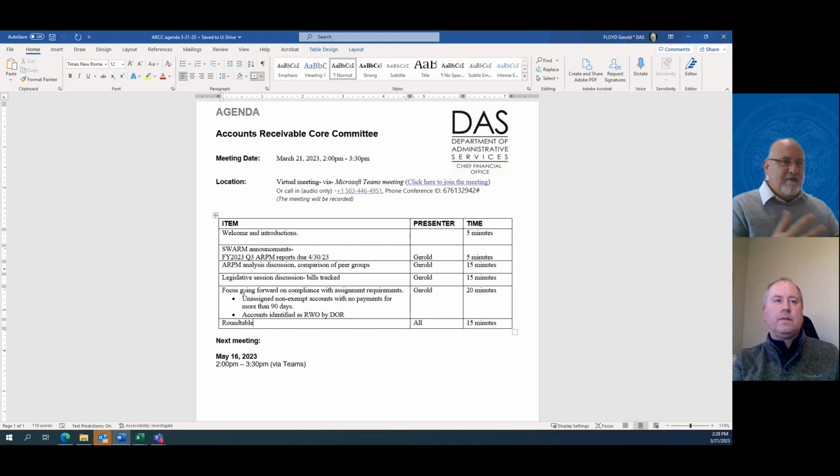The next element of what was identified for leadership was looking at agencies that have reported unassigned non-exempt accounts in their LFO data. We know that agencies have had accounts in that category for a variety of reasons.